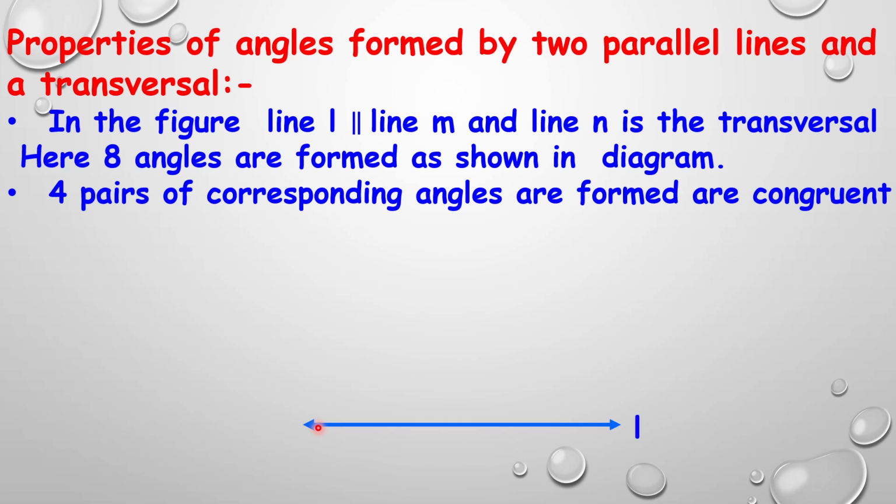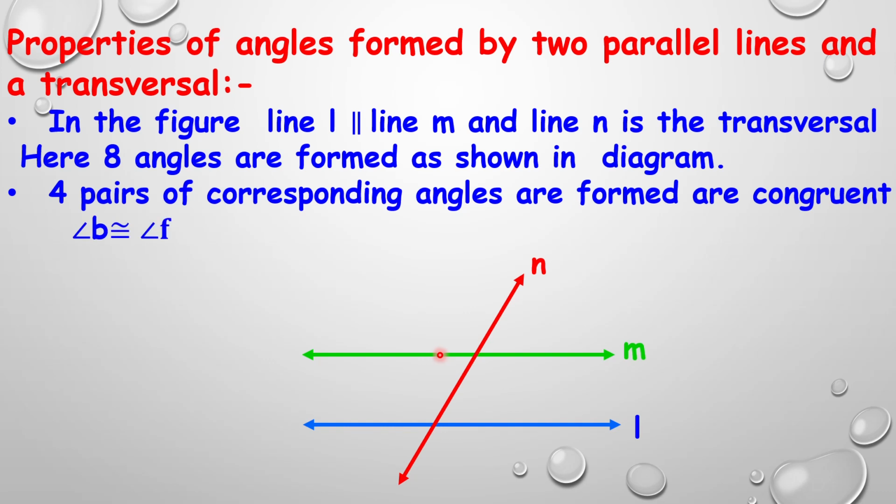The 4 pairs of corresponding angles formed are: angle B congruent to angle F. This is the first pair of corresponding angles.